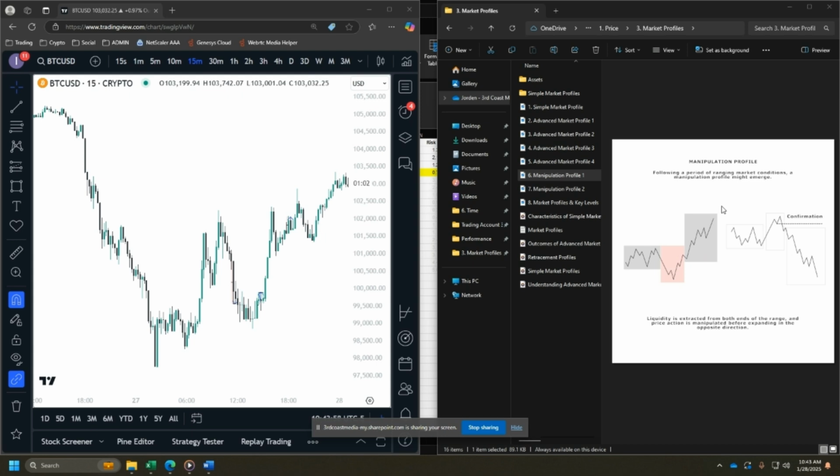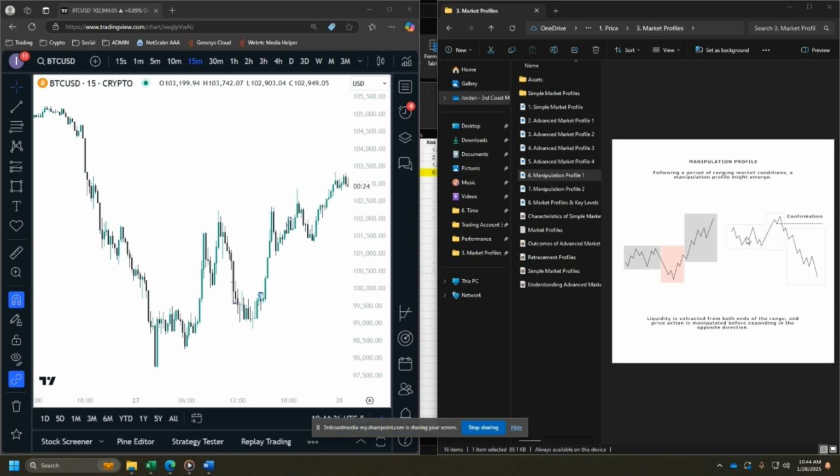Typically, liquidity is extracted from both ends of a range, and price action is manipulated before expanding in the opposite direction. So typically, we'll have some sort of movement where it breaks the top of the range, and then we have the manipulation leg downward here, which you see, before we have any sort of confirmation that we're going to go upward.